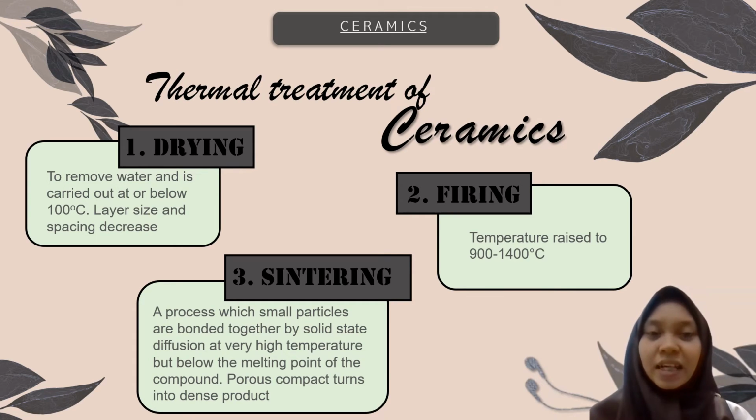Firing: in firing, the temperature is raised to 900 to 1400 degrees Celsius. Meanwhile, sintering is a process in which small particles are bonded together by solid-state diffusion at very high temperature, but below the melting point of the compound. The porous compact turns into a dense product.